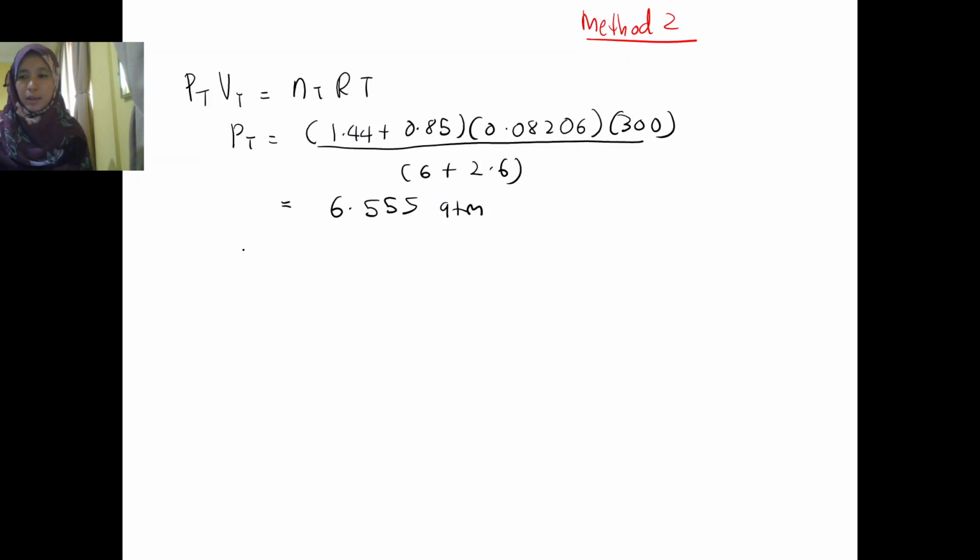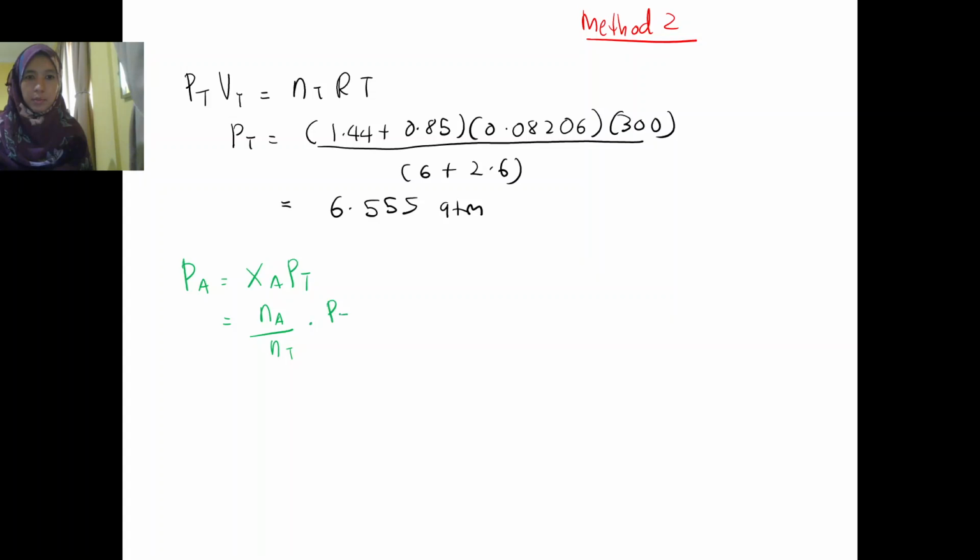Okay, another one to calculate partial pressure for each gas. Okay, kita akan guna Dalton's law of partial pressure. So ingat untuk formula Dalton's law of partial pressure. So formula to calculate partial pressure for gas A, mole fraction of A times PT. So mole fraction of A ialah mole of A divided by mole total.